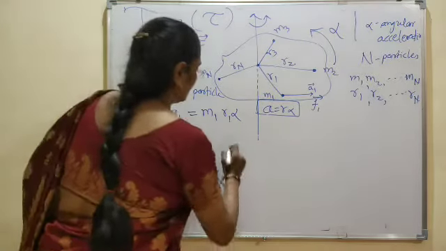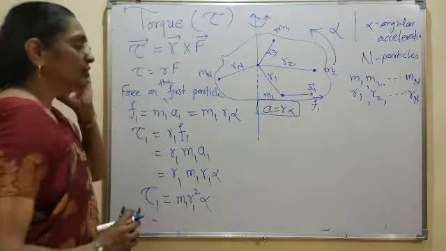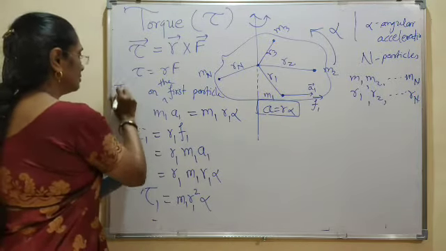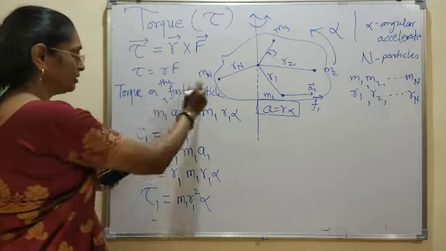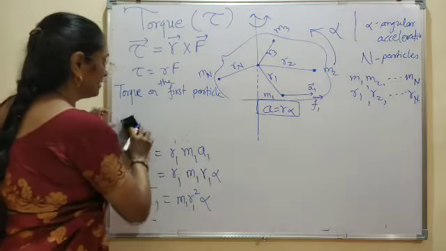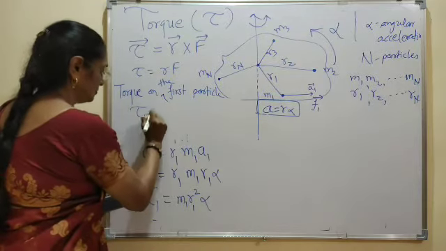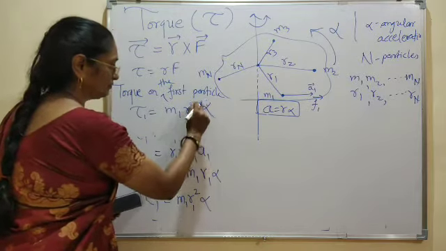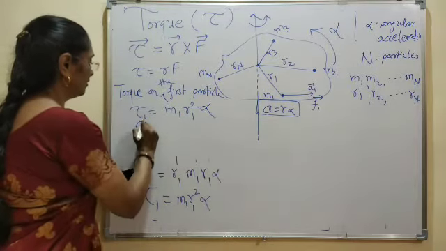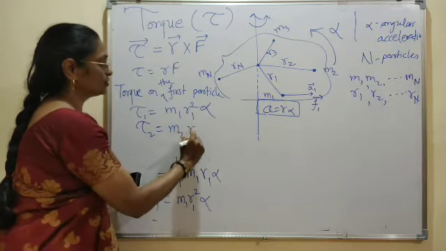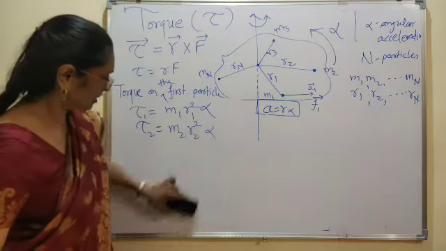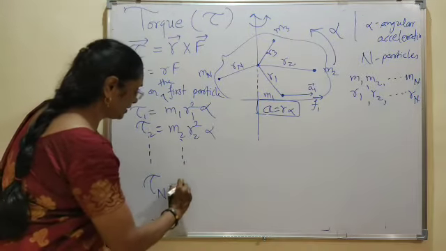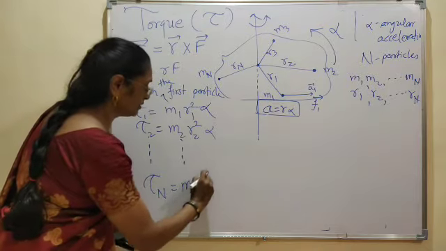So you can write the torque acting on the second particle, third particle, like this. The torque on the first particle as the final state is tau1 equal to m1 r1 square into alpha. For the second particle, it is m2 r2 square into alpha, and you can continue up to tau n, which is mn rn square into alpha.